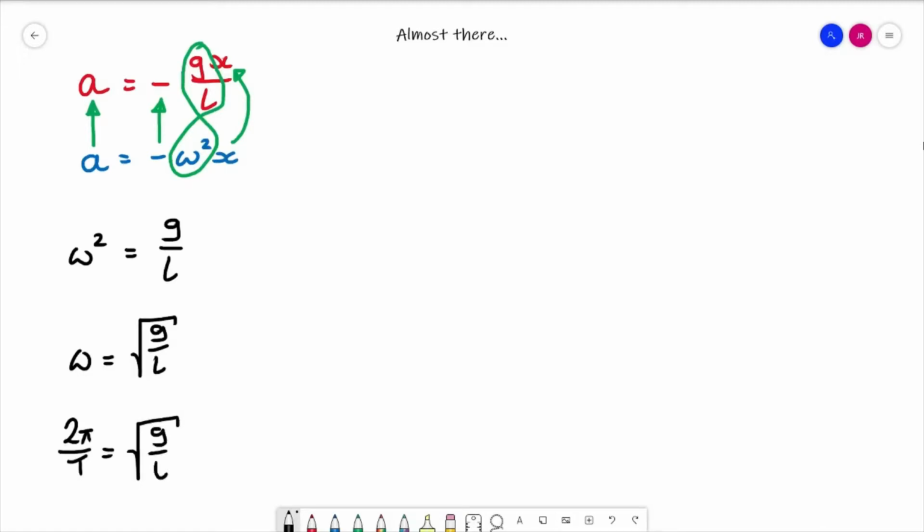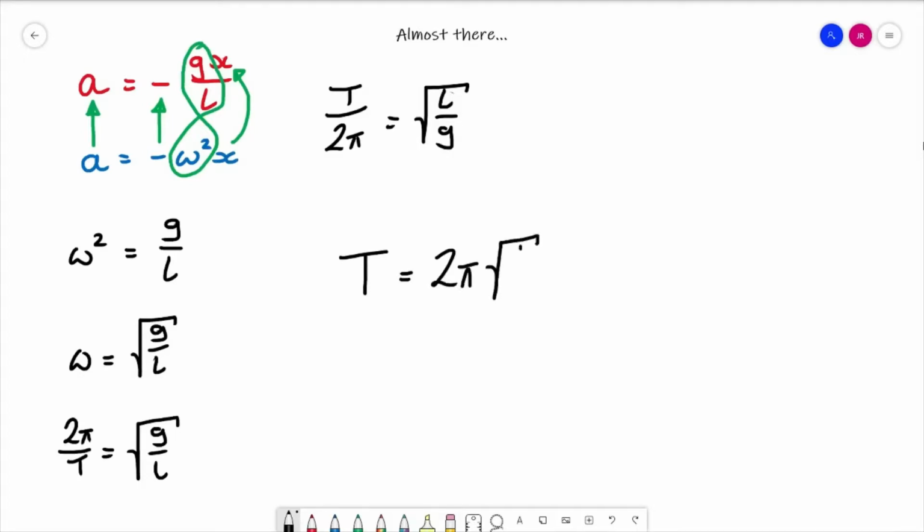We can now take the inverse of both sides of the equation to say that T over 2 pi is equal to the square root of L over g, and then finally we can multiply both sides by 2 pi to end up with the equation T is equal to 2 pi multiplied by the square root of L over g.